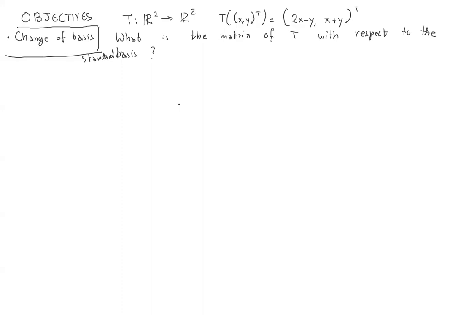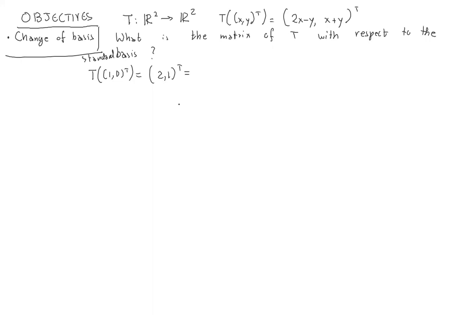What you're supposed to do is take the vectors of the standard basis. Always computing the matrix with respect to the standard basis is pretty much the most straightforward thing. So you can take the vectors of the standard basis and compute their image. So you will get 2, 1.